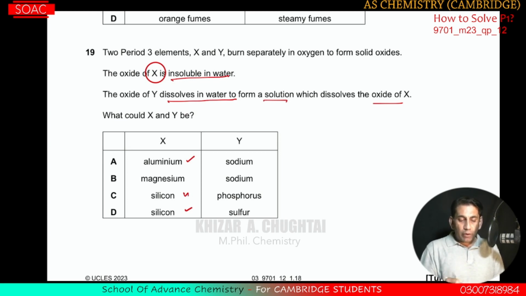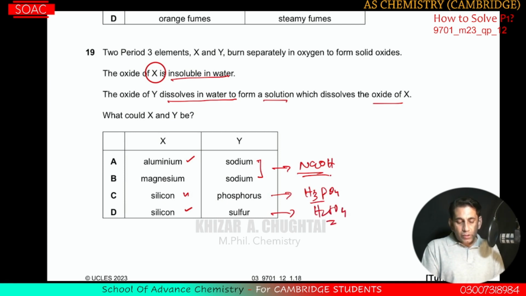The oxide of Y dissolves in water, and it is going to dissolve the oxide of X. If I dissolve sodium oxide, it makes sodium hydroxide in the water. If I dissolve phosphorus oxide, it makes phosphoric acid in the water. Sulfur oxides make sulfuric acid or sulfurous acid.